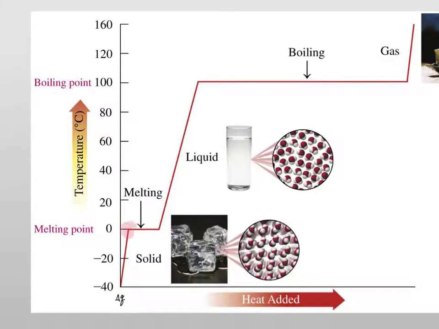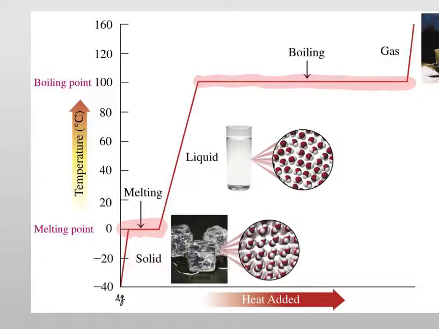As we can see here, once you get that solid up to its melting point, it stays at 0 degrees Celsius. Once you take that water and you reach its boiling point, its temperature stays the same for a very long time. I'm sure you're all aware of how long it takes to boil water. It just takes so long.